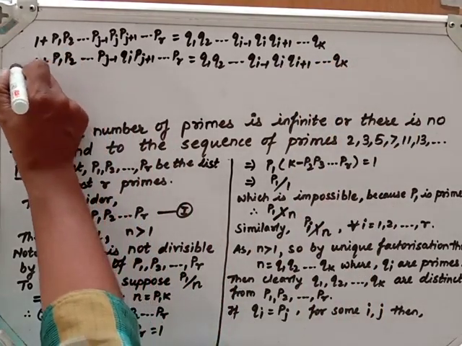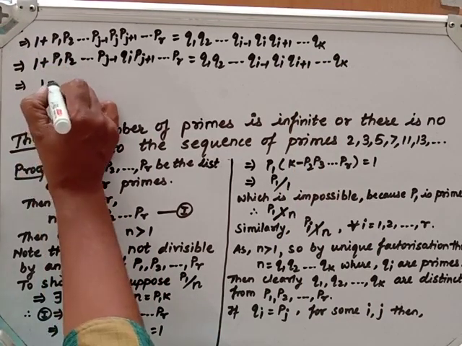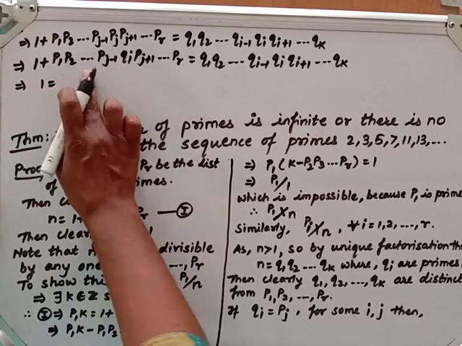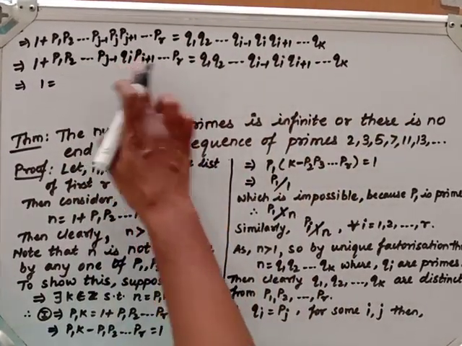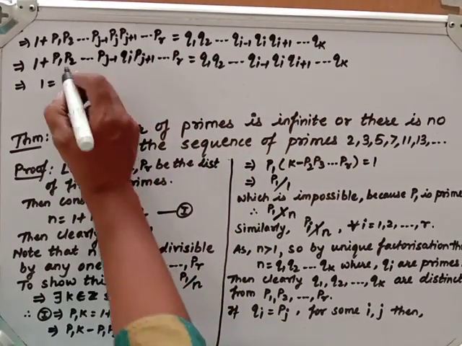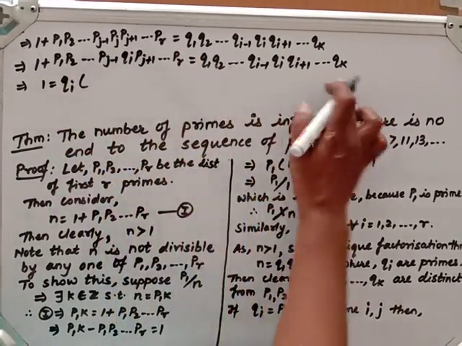Now, this gives me 1 equal to, I will take this term on this right hand side. So, from these two terms we can take qi common. So, let me take qi common. Here what we get?